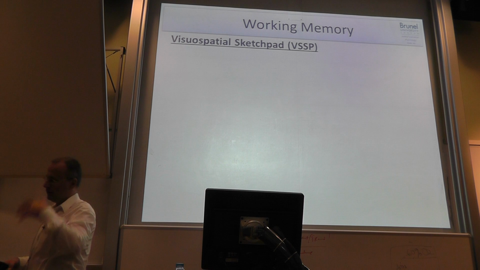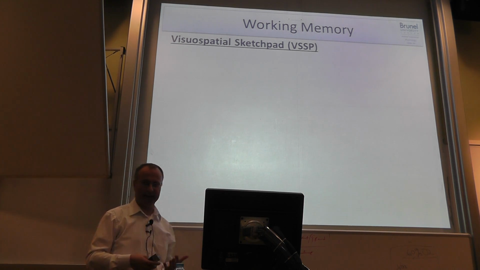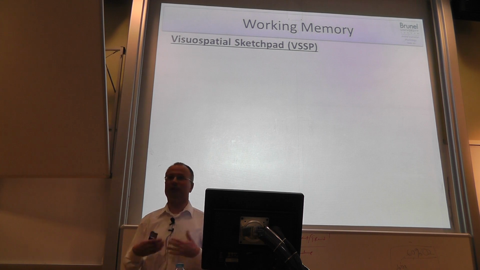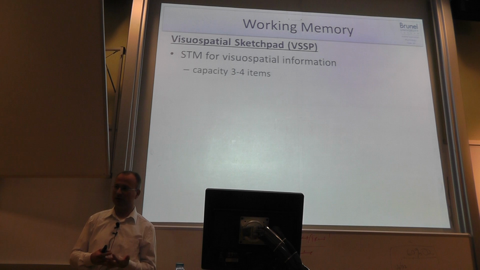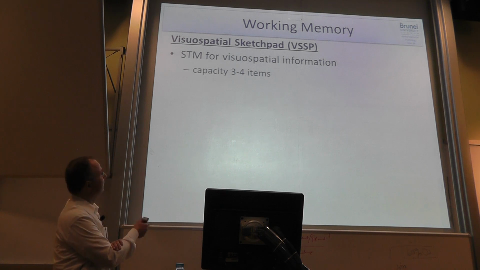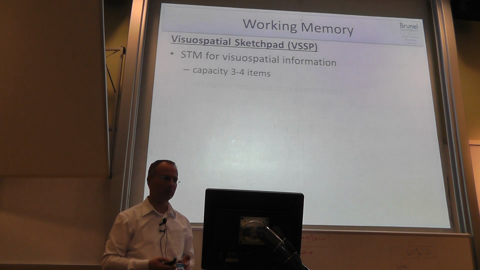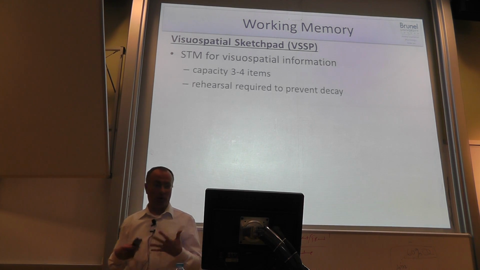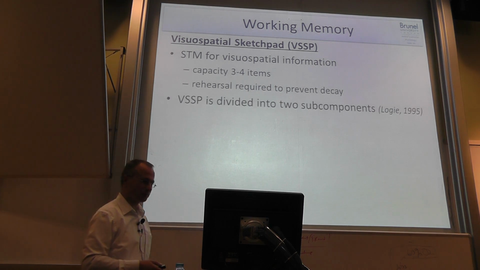Okay, so the visuospatial sketchpad is a little bit similar to that, but also shows some differences in its architecture. This is for visuospatial information. It usually has less capacity, 3 to 4 items. And we also need rehearsal to prevent the decay.